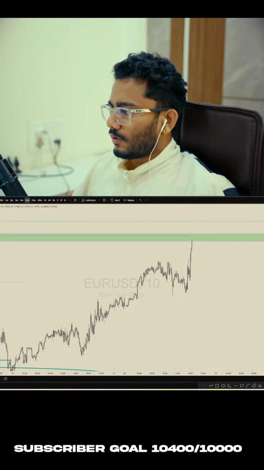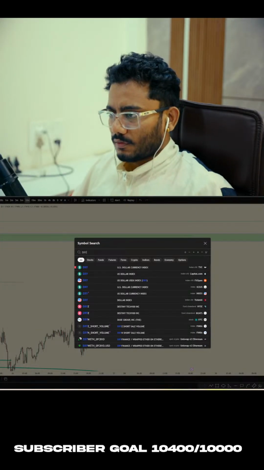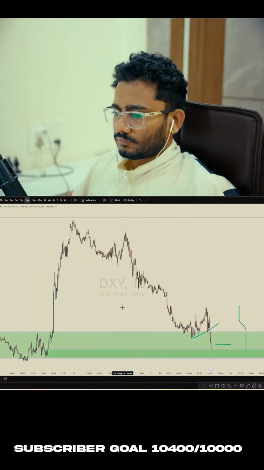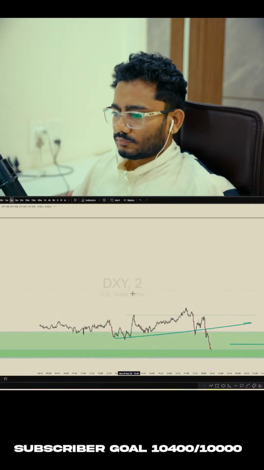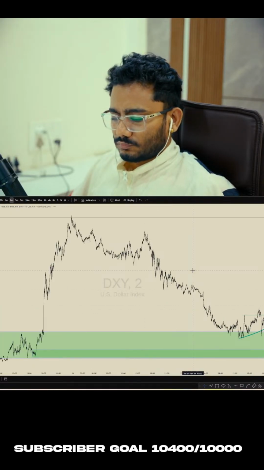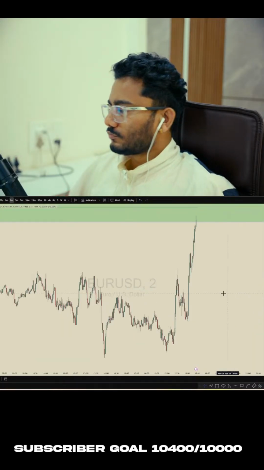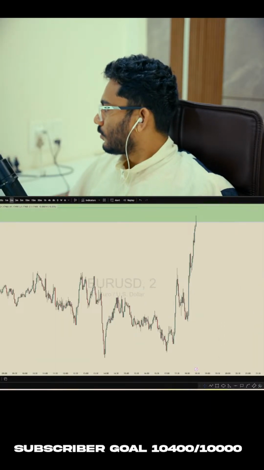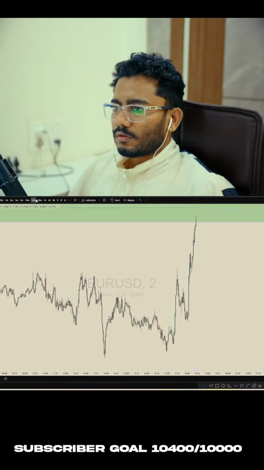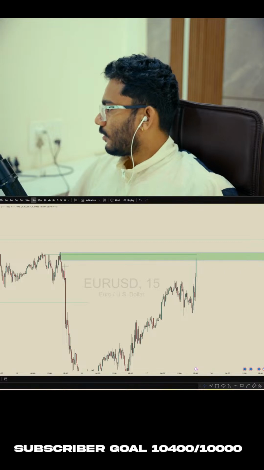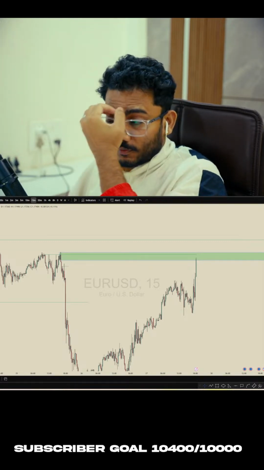Let's see if we get any reversal, then only look for entry. Yes, right now you can look for sell, and then after liquidity you can look for buy side.